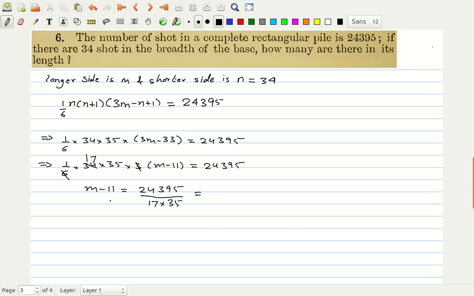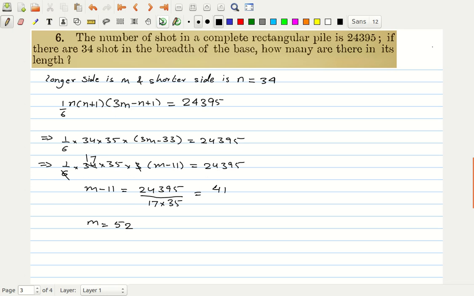We can use the calculator here, so this comes out to 41, and therefore m will be equal to 41 plus 11, which is 52. So this is the solution for problem number 6.